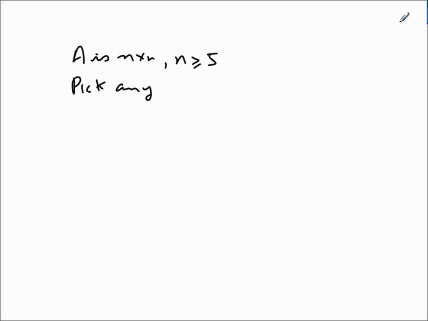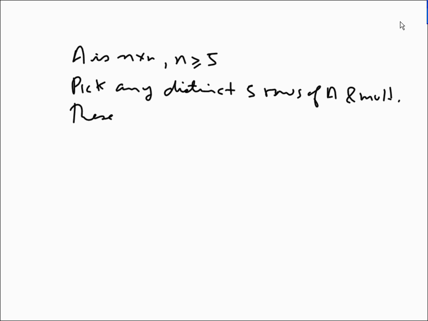Pick any distinct 5 rows of A and multiply these rows by C. Call this new matrix B.